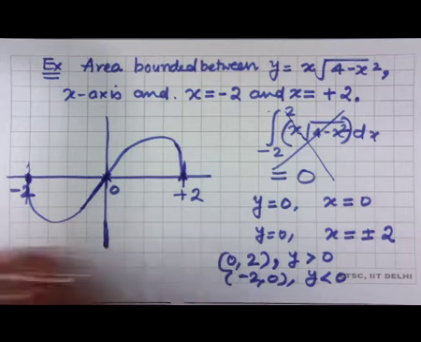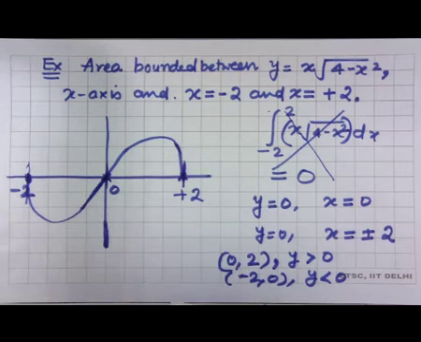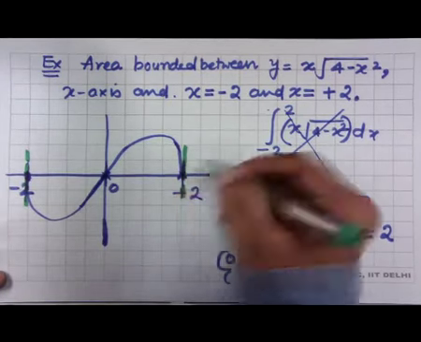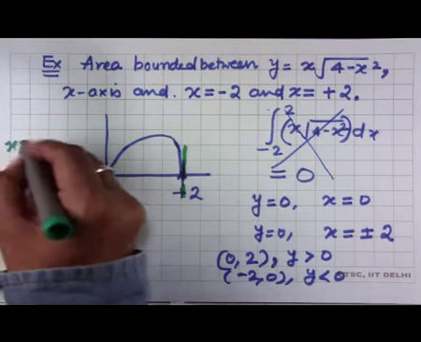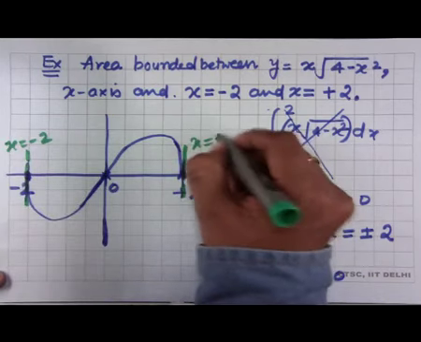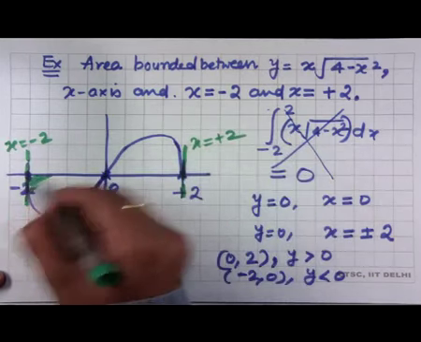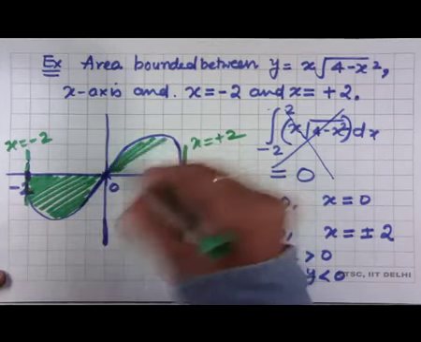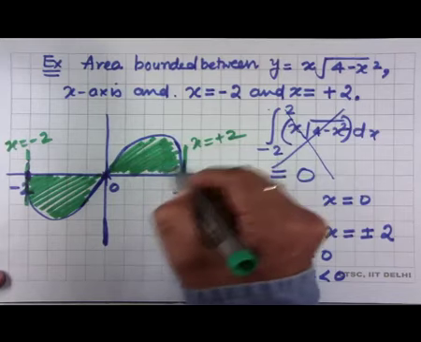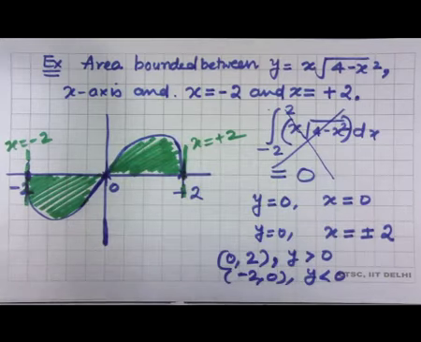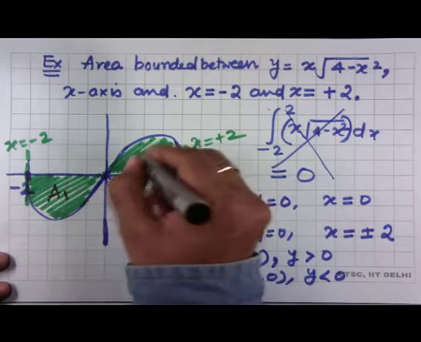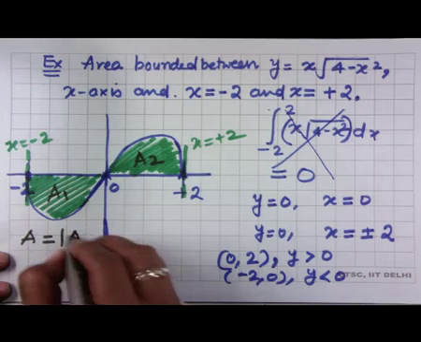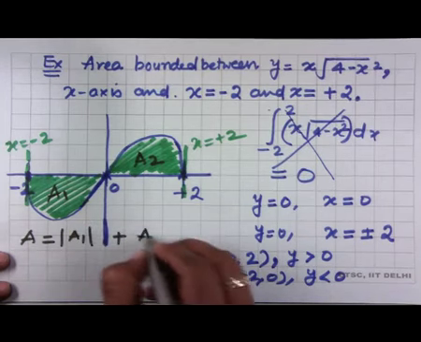So the actual area that we are looking for, lying between the curve, x axis and lines x equals to minus 2 and x equals to plus 2, is this. So total area required will be, say this is A1 and this is A2, mod of A1 plus A2.